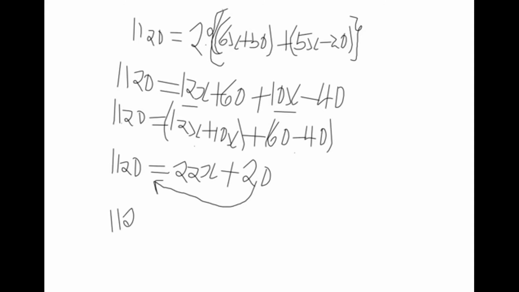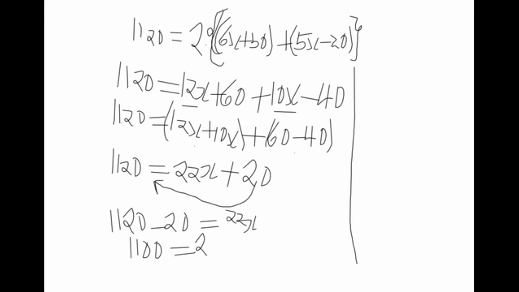We have 1120 minus 20, which is 1100, equals 22x. We divide by 22 so that we remain with x on one side.